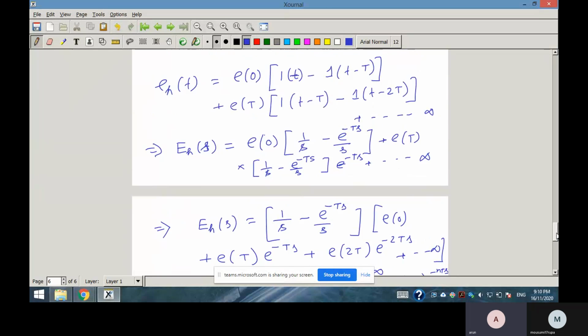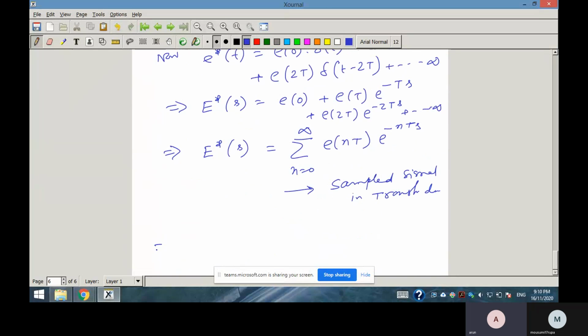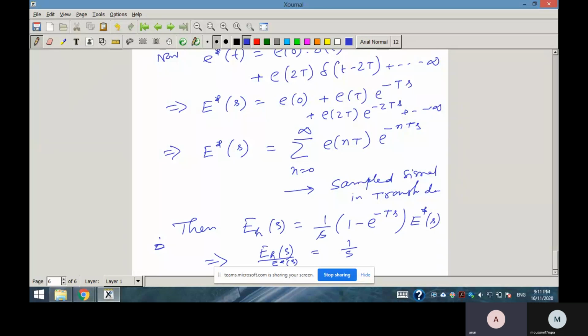So from these two expressions, ultimately EH(s) equals 1 by s into 1 minus e to the power minus Ts into E star(s). This implies EH(s) by E star(s) equals 1 by s into 1 minus e to the power minus Ts.